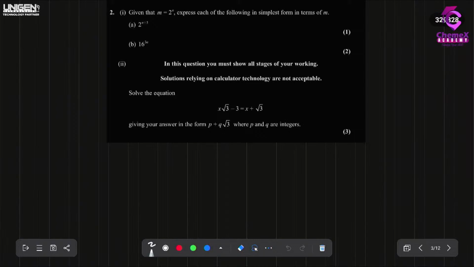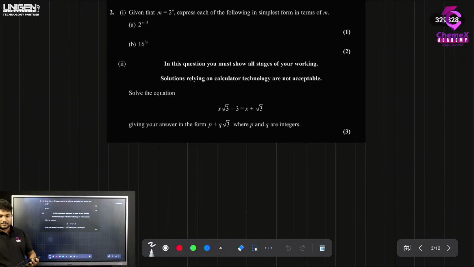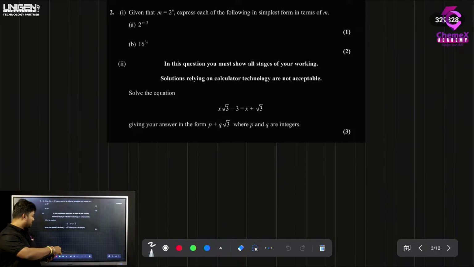Given that m equals 2 to the power n, express each of the following in the simplest form in terms of m: 2 to the power n plus 3, and 16 to the power 3n. So how do you do this question? Anyone knows how to do it?